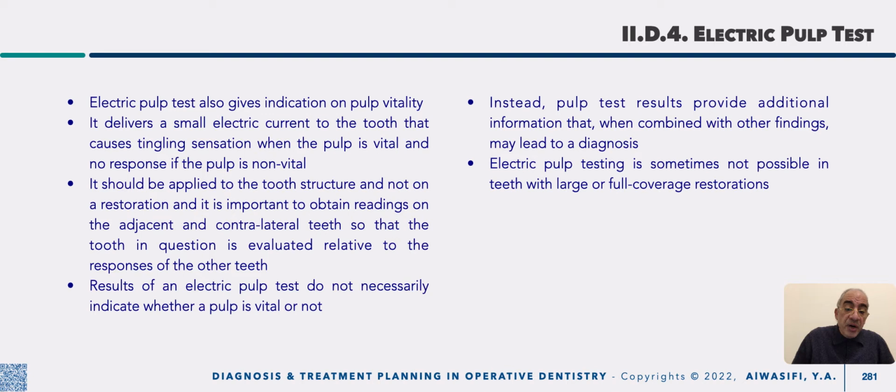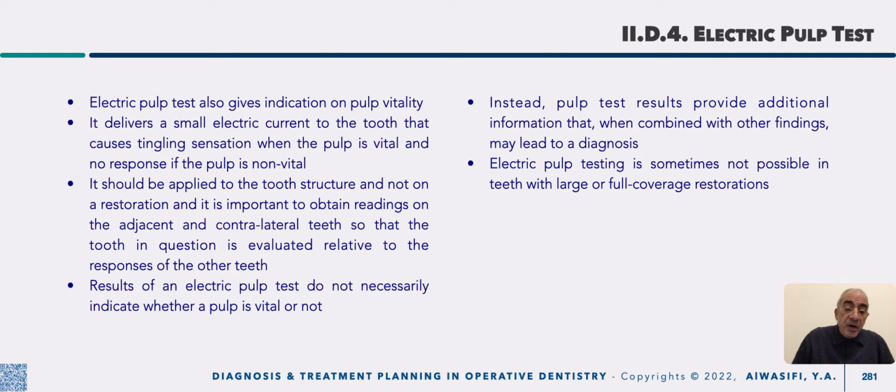But if there is a response, that means the tooth is vital, but it should be compared to a neighboring or contralateral reference tooth, that should be a healthy one, and at the same time, as much as possible, should be of the same pulp morphology. And then compare the result of this sensibility.